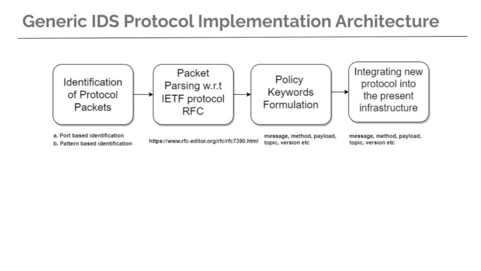In the fourth step, because a new protocol is being embedded in Suricata, it needs to be consistent with the existing functionalities. For example, there are some functionalities that are not protocol specific, so when a new protocol is integrated in such an IDS, those functionalities should be automatically affiliated with the infrastructure if it is implemented properly.